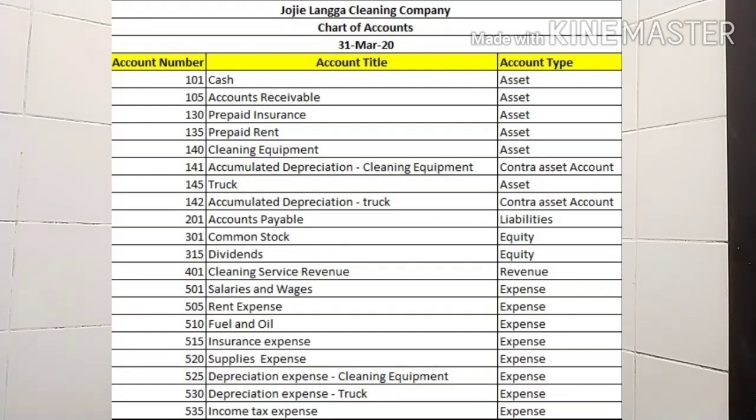Now, why do I keep on saying normal balance debit, credit? Because later on when we create the entry, we have only two options where to put the amount: the debit side and the credit side. So all those accounts that have a normal balance of debit, once they increase, we put them in the debit side, and once they decrease, we put them in the credit side.